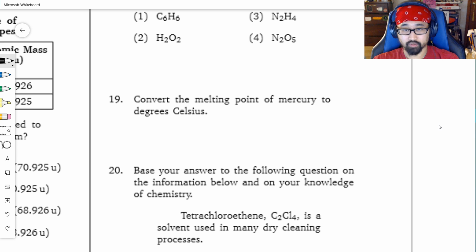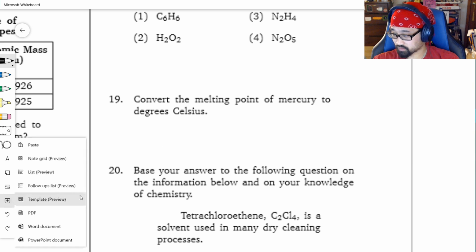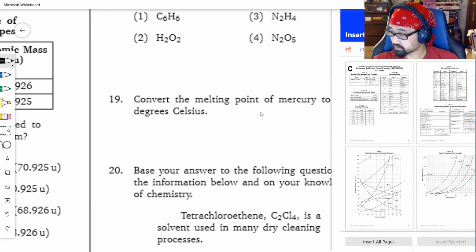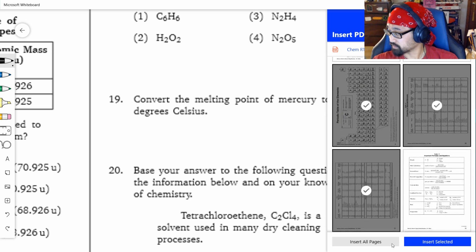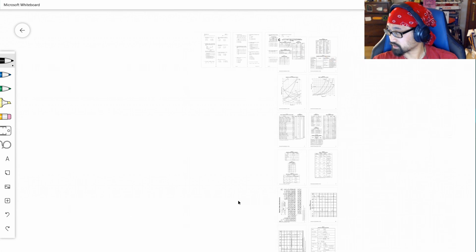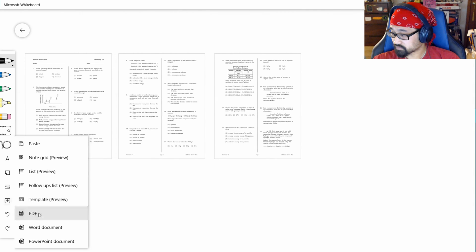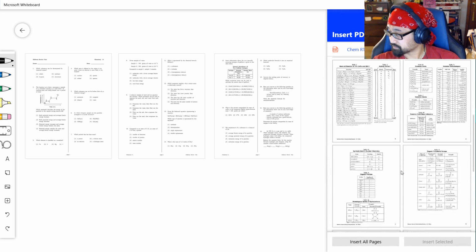All right, so what you were supposed to do was find a temperature, probably in Kelvin, convert it to Celsius, because that's what's supposed to happen. All right. Now, I am going to find the chem reference table and attach a few relevant pages here. Oh, okay, it attached everything. Chem reference table.